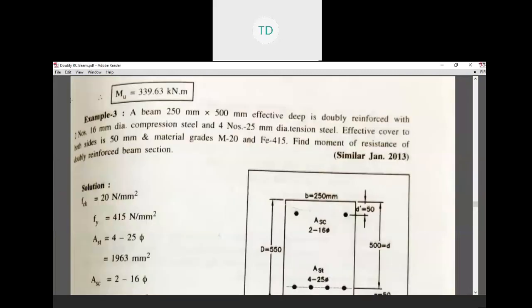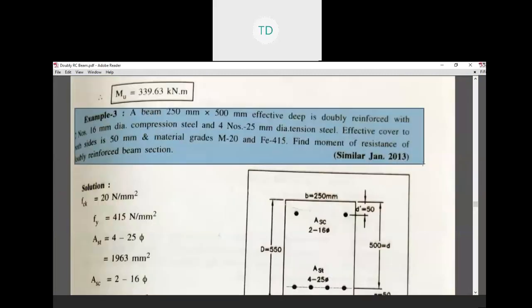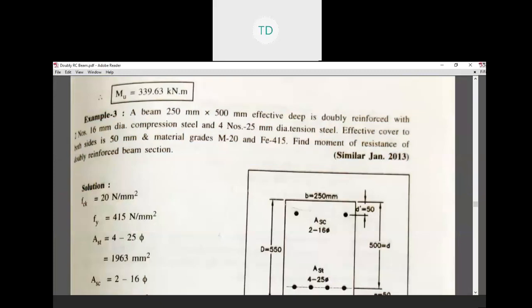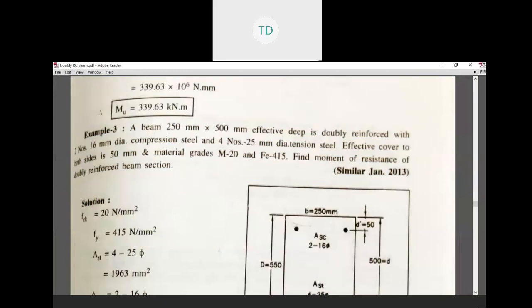This example is also similar to the GTU example. The problem is a beam 250 mm by 500 mm effective depth, doubly reinforced with two numbers of 16 mm diameter compression steel and four numbers of 20 mm diameter tensile steel.